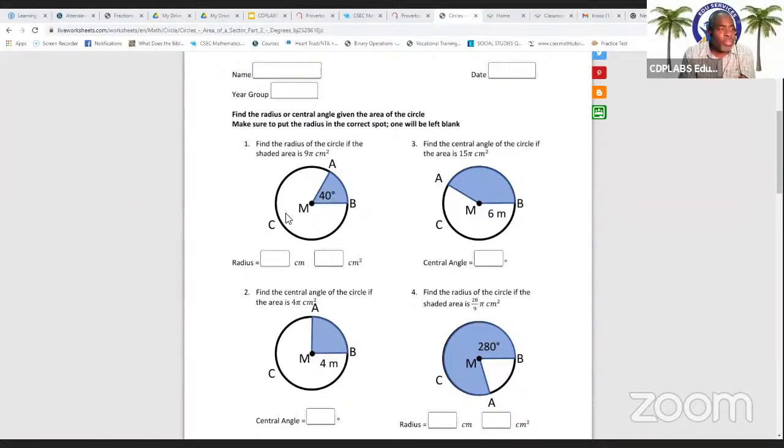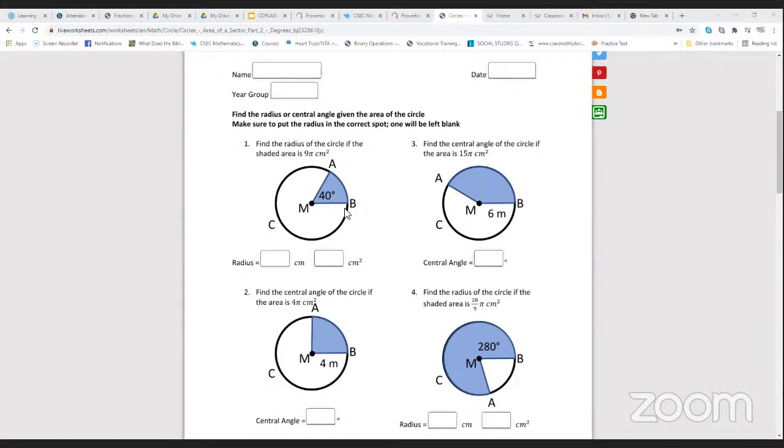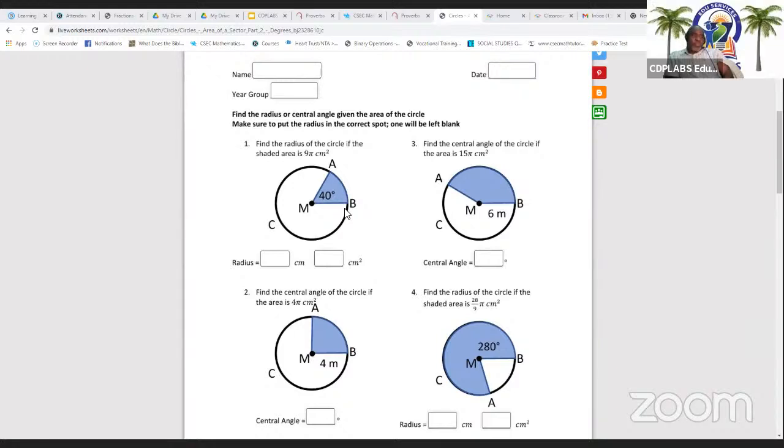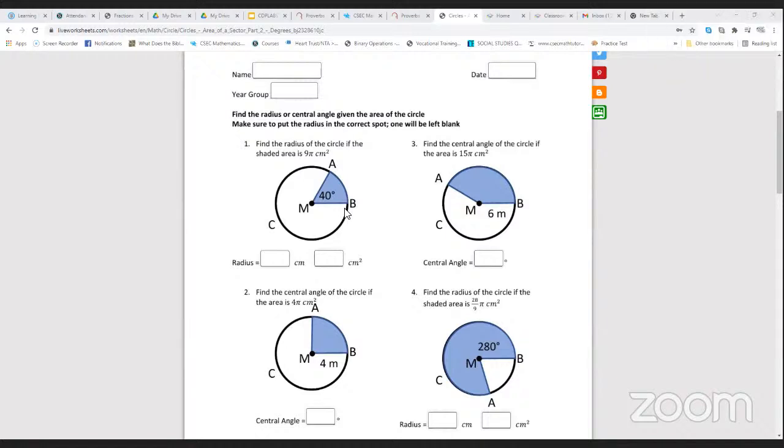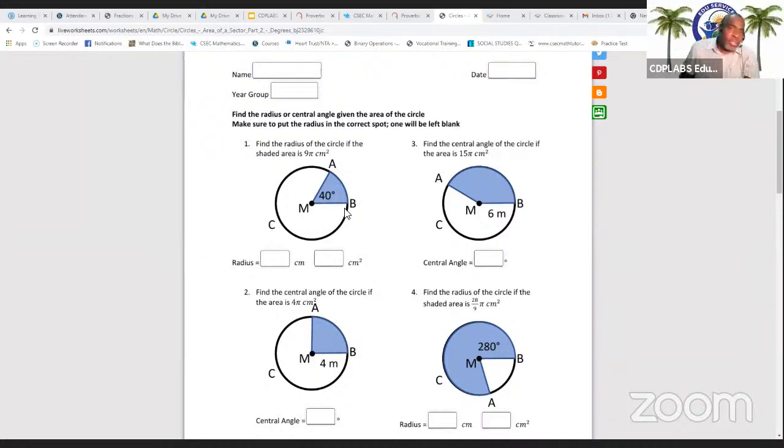How many sectors would this circle have, if the angle is 40 degrees? 9. Why is it 9? Divide 40 into 360. Exactly, 360 divided by 40. Excellent. Makeda, your answer is correct. Good.